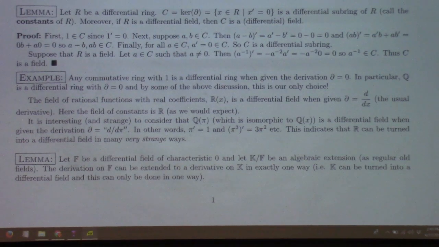And he says what this means is that R can be turned into a differential field in some very, very strange ways. Although I would add that this sophistication is known to my Calculus 1 students, because many times in Calculus 1 I have seen the derivative of pi cubed being 3 pi squared. It is not at all uncommon. Very, very popular.